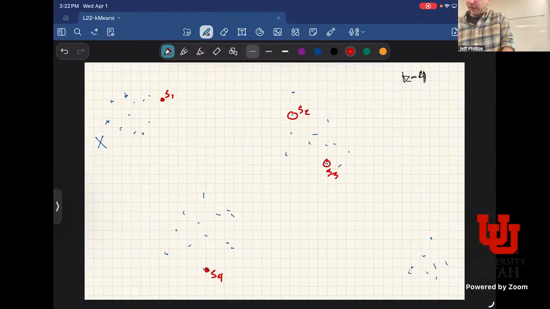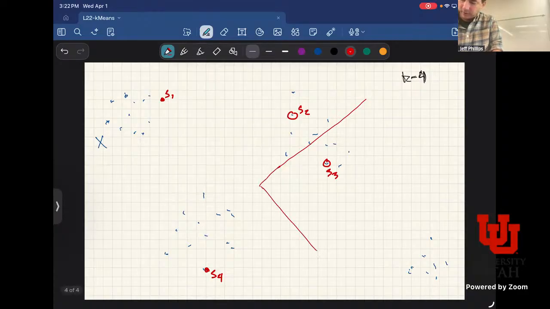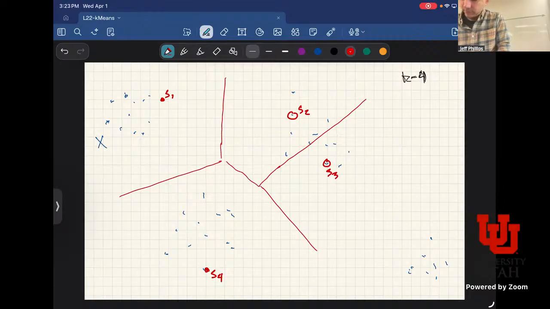We can start by thinking about step A. I need to reassign the points, and we can think of how this would work by drawing the Voronoi diagram here. We can think of where this partition of the space is.